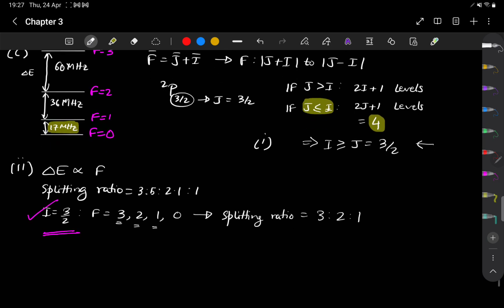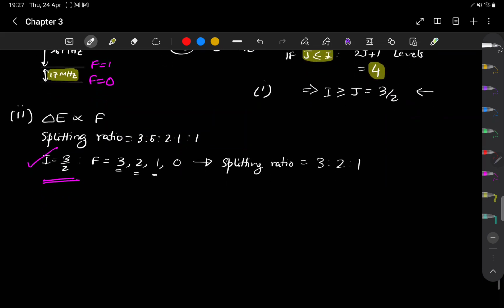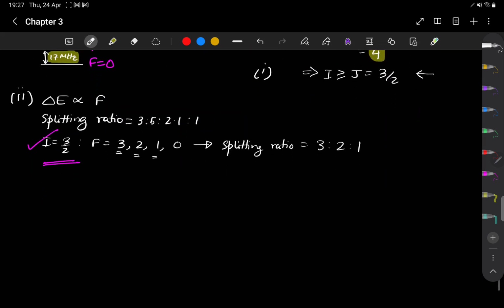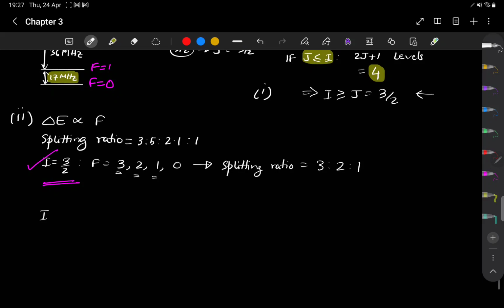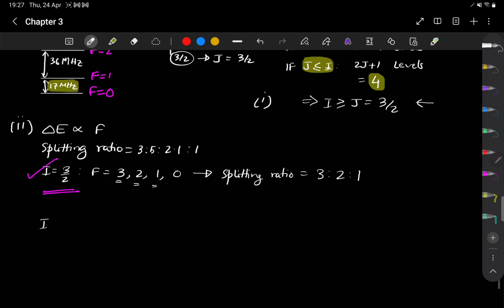Now, just to see that this is indeed the correct fitting, let us look at the next value of I. So I is 3 by 2, and the next value of I can be 2, because I is nuclear spin, and spin takes values in steps of half.